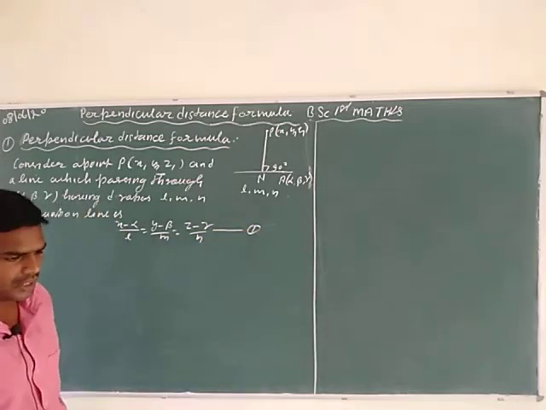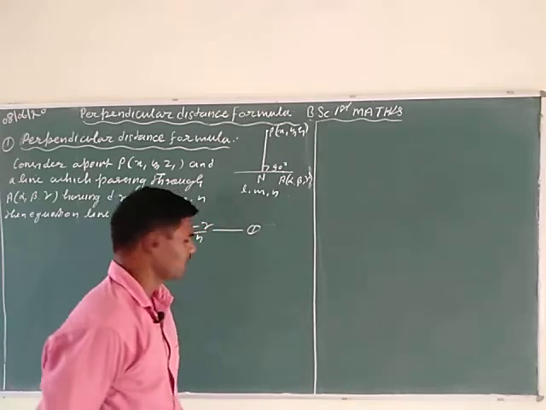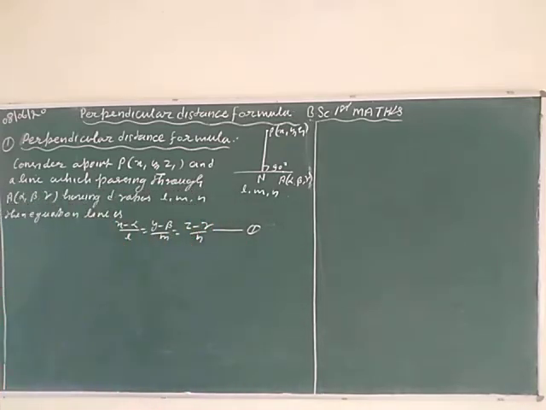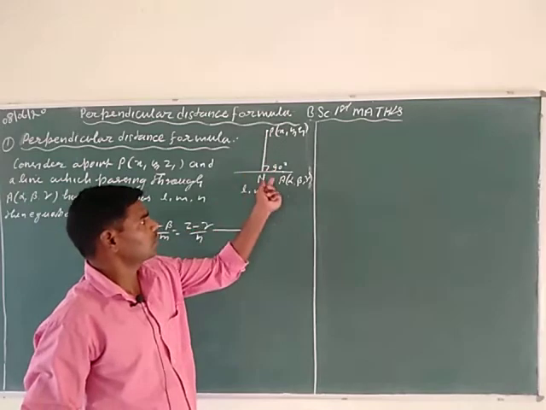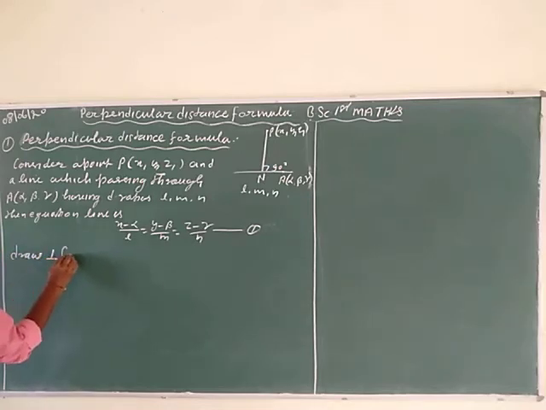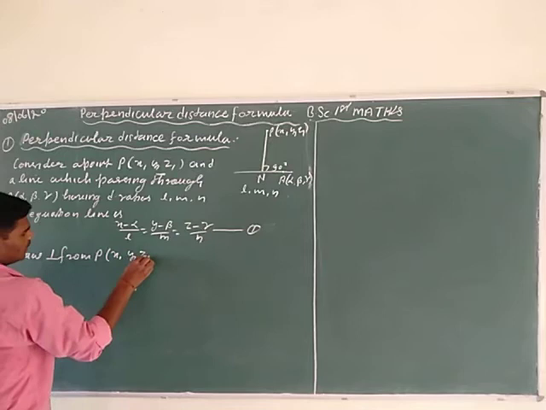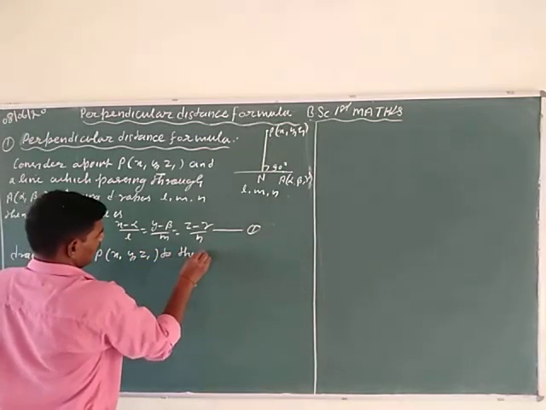Equation first represents a straight line, here known as the given line. After this, draw a perpendicular from the given point capital P (x1, y1, z1) to the given line first.